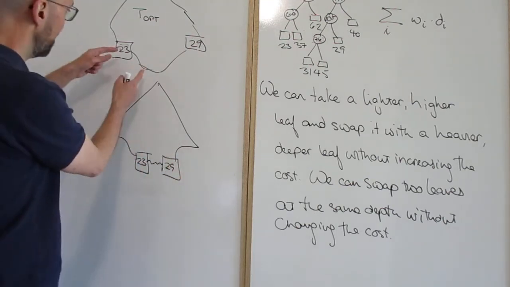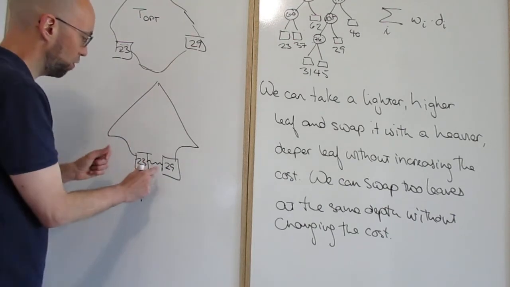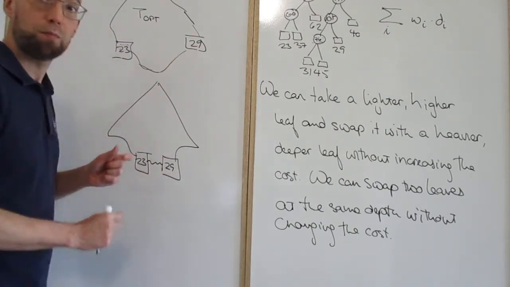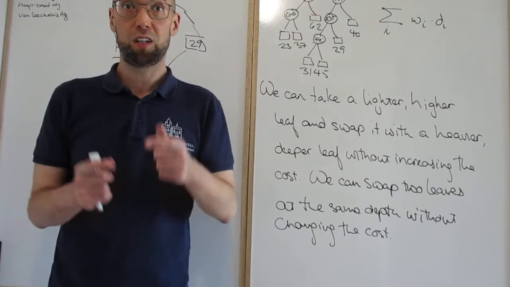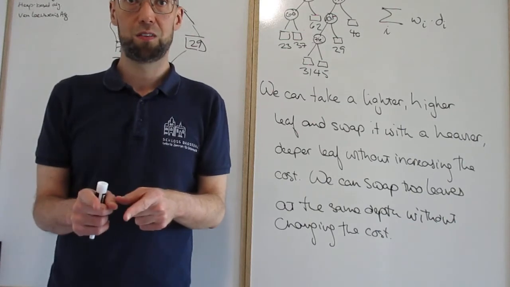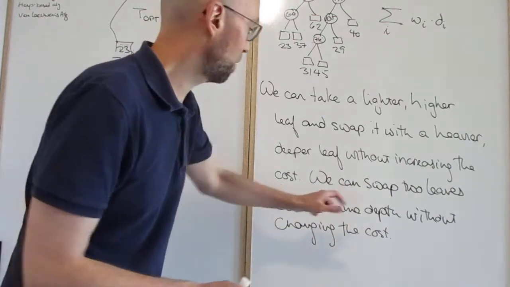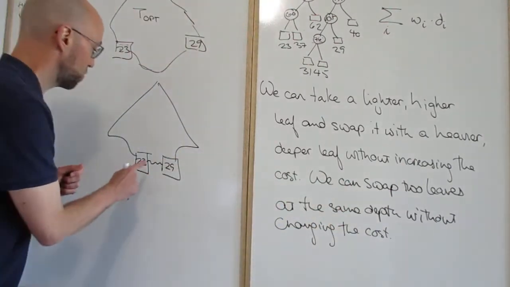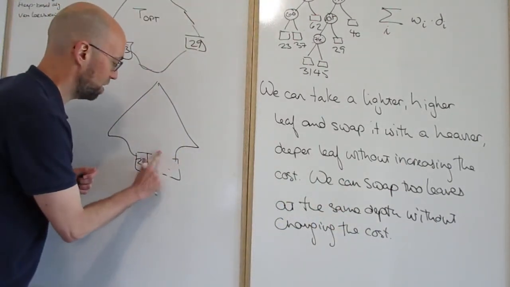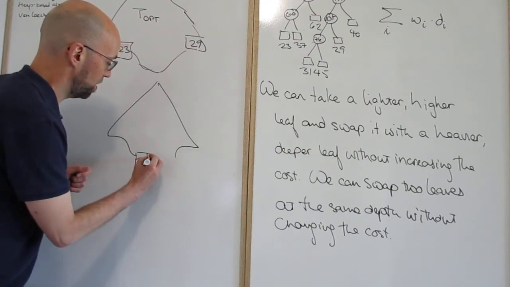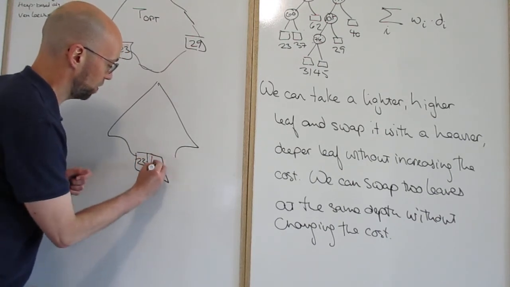Okay, so you can take them and swap them. So now they're at the deepest level. But maybe they're not siblings, like Alan wants them to be. But we can take two leaves at the same level and swap them without changing the cost. So now we can take 23 and 29 and put them beside each other.